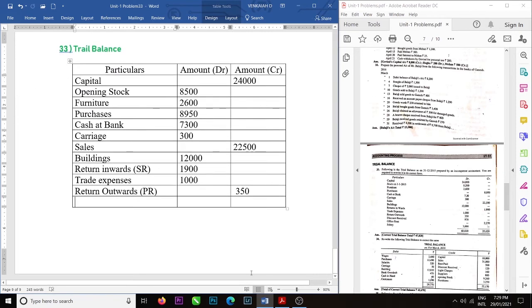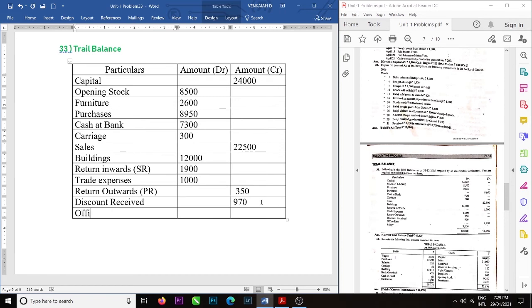Discount received is an income or gain. Rent is an expense. And the last one, salary, is also an expense.